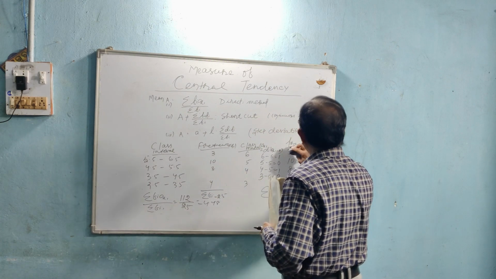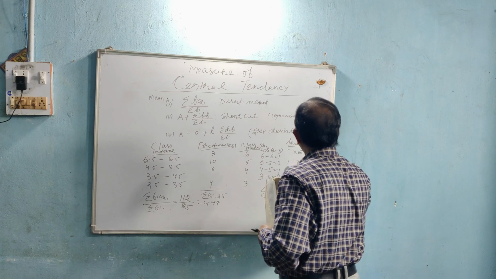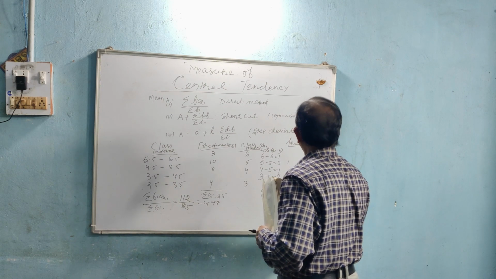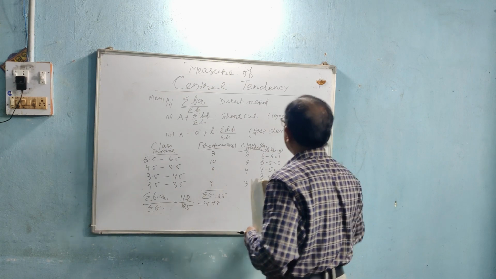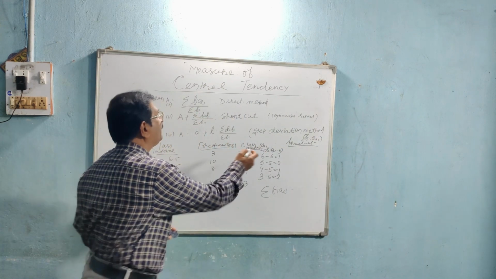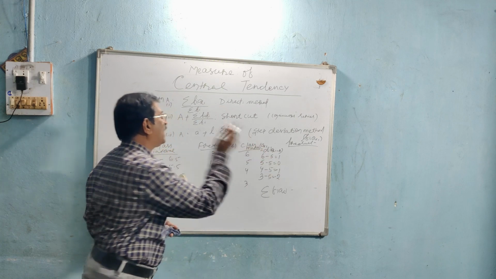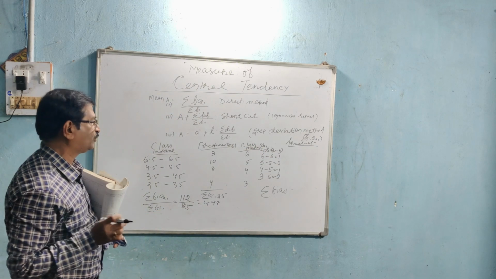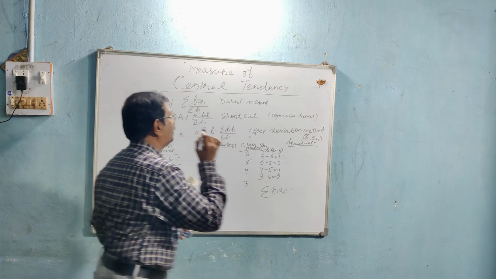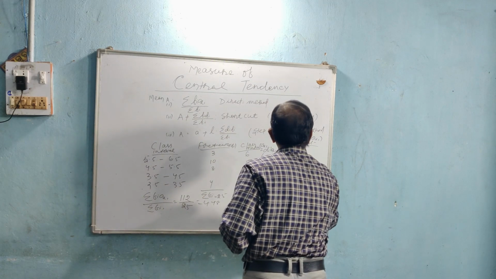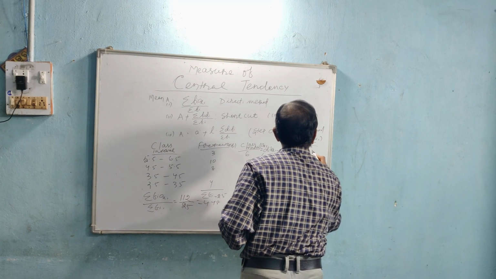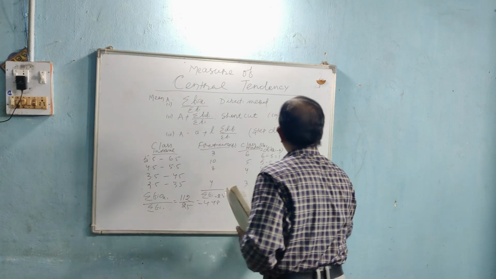So now instead of going fi xi, you have to multiply this di, these values 1, 0, -1, -2, with fi. Your 3 into 1 is equal to 3.